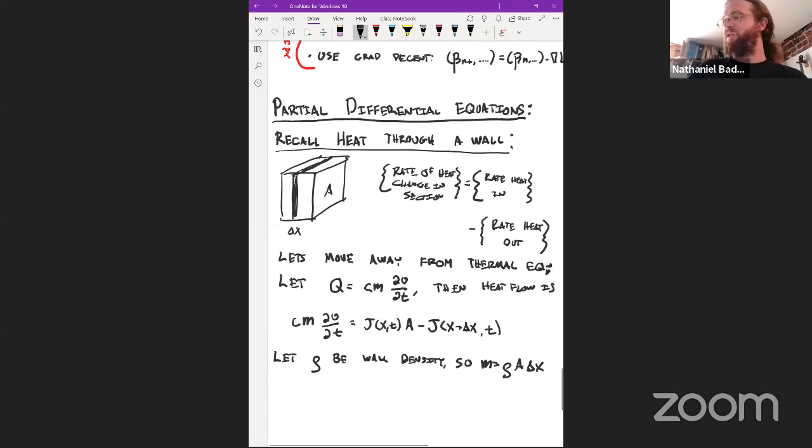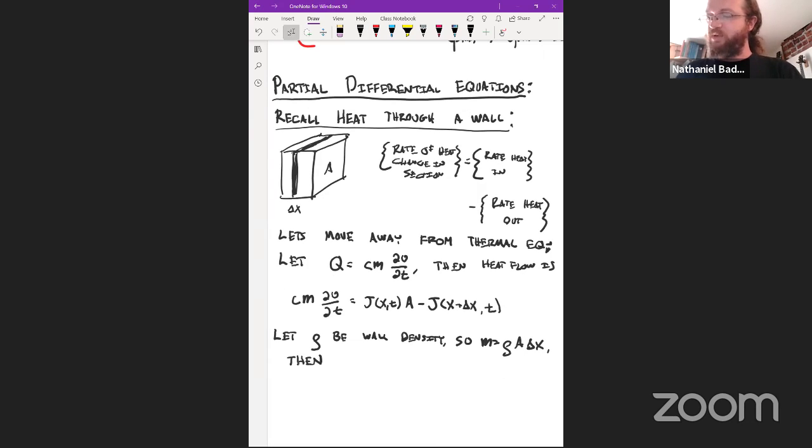The mass of this section is going to be proportional to delta x. So then we have C times the density times the area times delta x, du dt, is equal to J of x, t times a, minus J of x plus delta x, t.